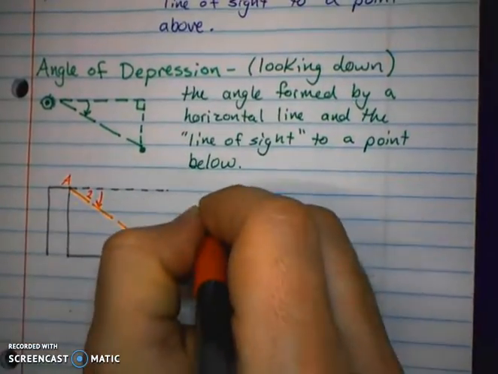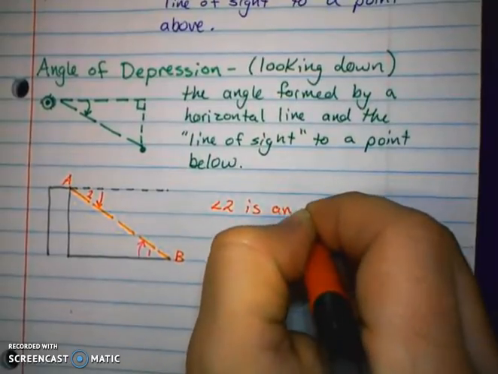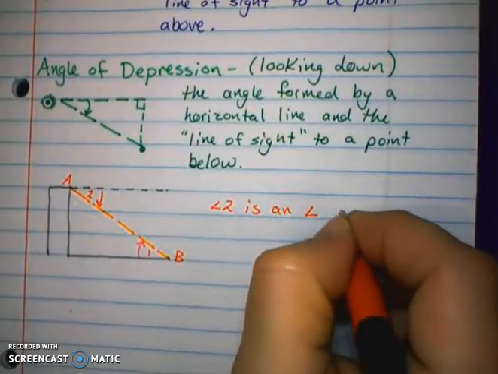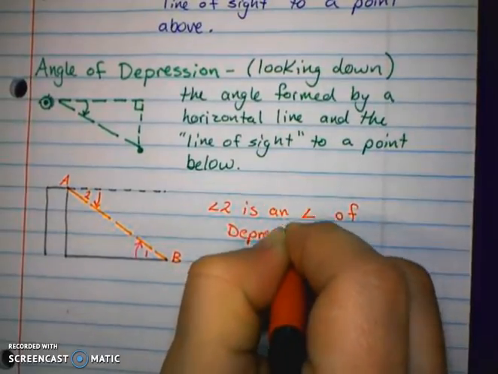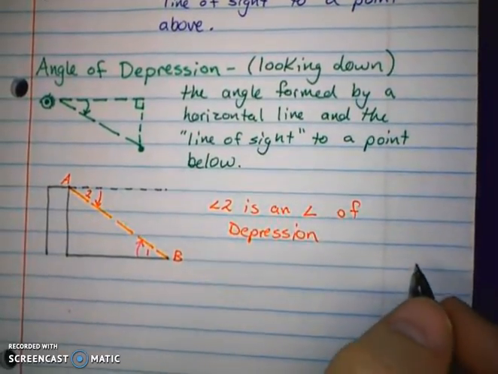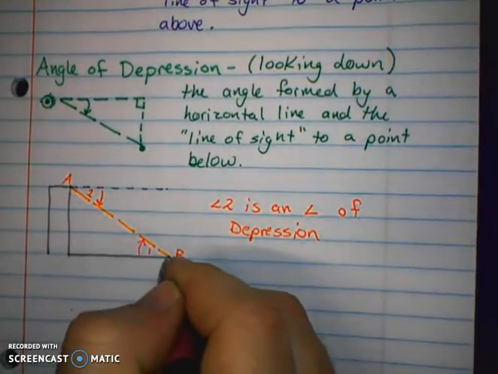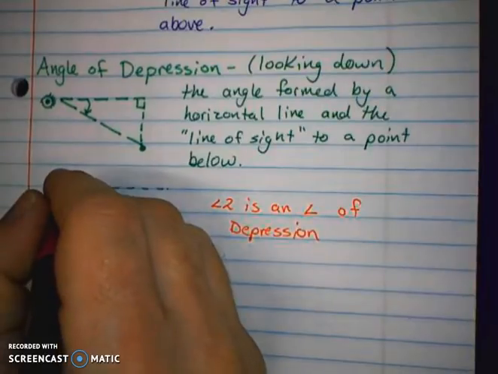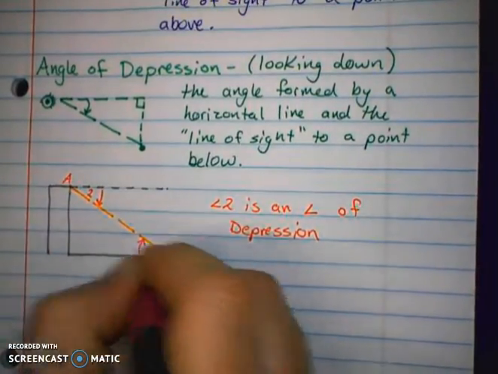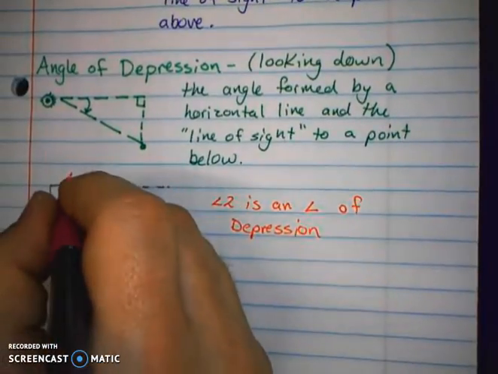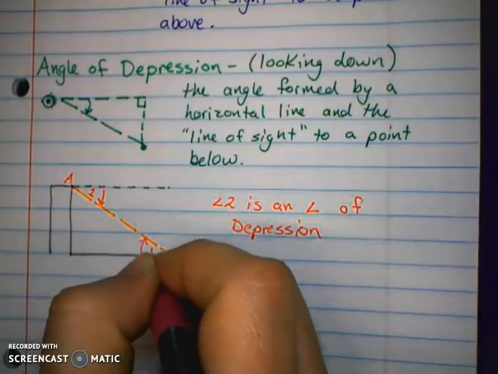So angle 2 is an angle of depression. But when person B at ground level looks up at person A, he forms an angle of elevation at angle 1.